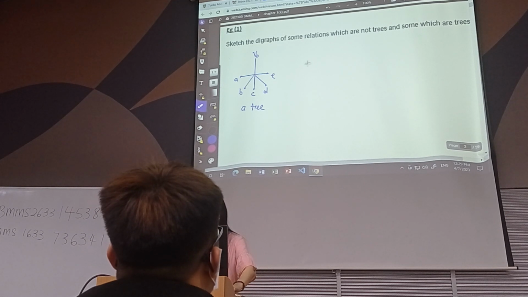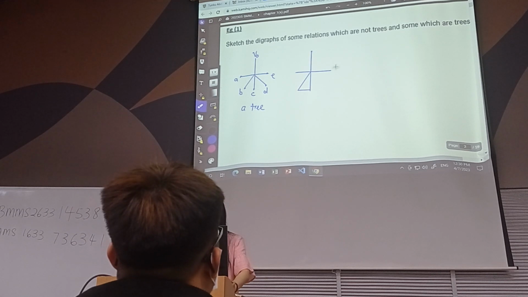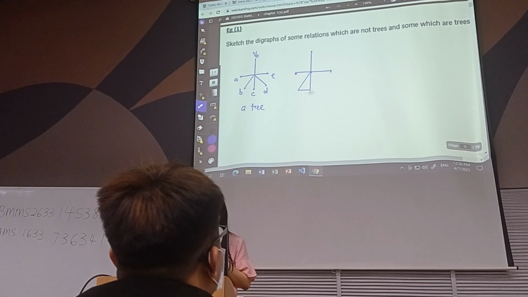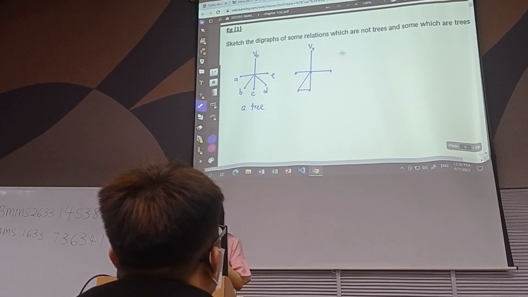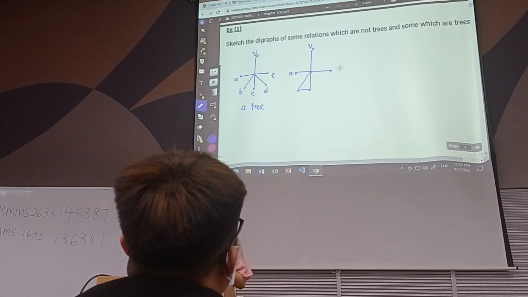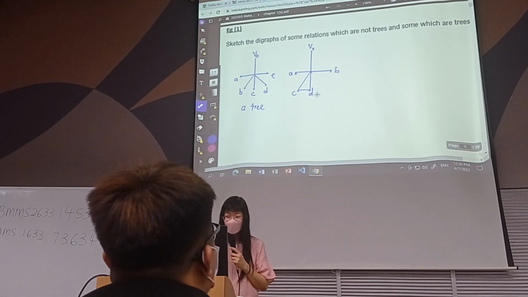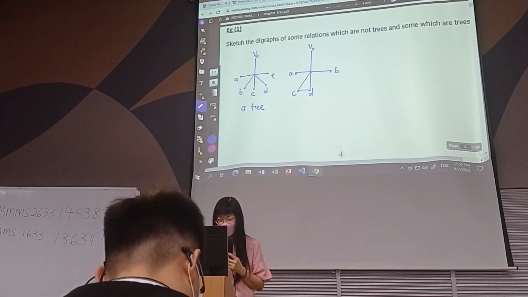Another example: you can see if I put this as V0, then here I can put A, B, C, and D. Is this a tree?